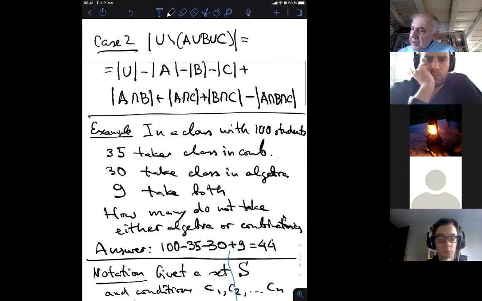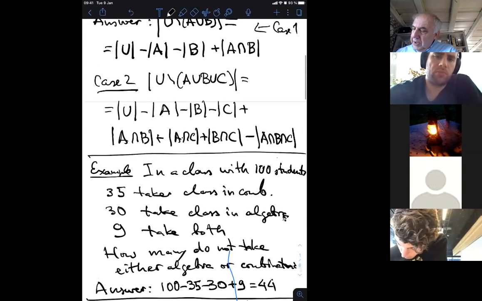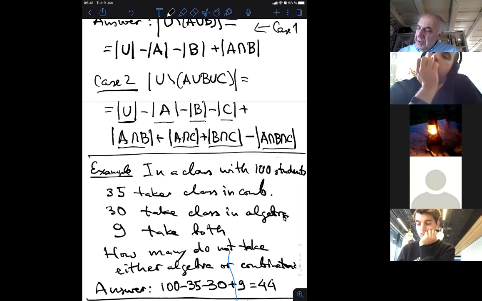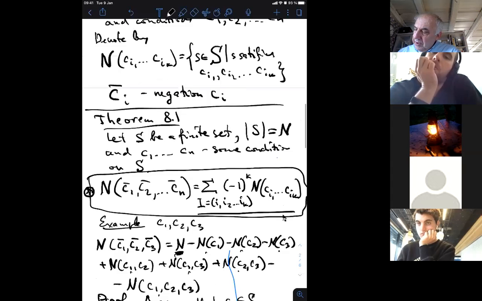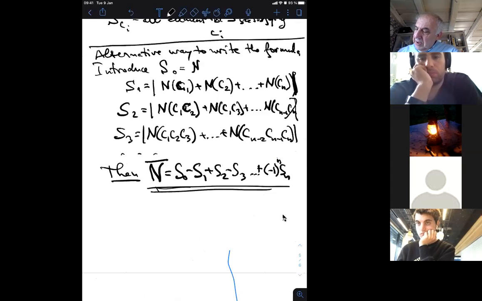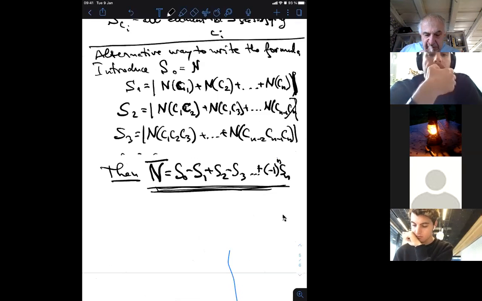We were taking all elements, then subtracting the sizes of all individual subsets satisfying one separate condition, then putting back sizes of pairwise intersections, and then subtracting triple intersections, putting back four-tuple intersections, and so on. In this notation, that's exactly this statement.